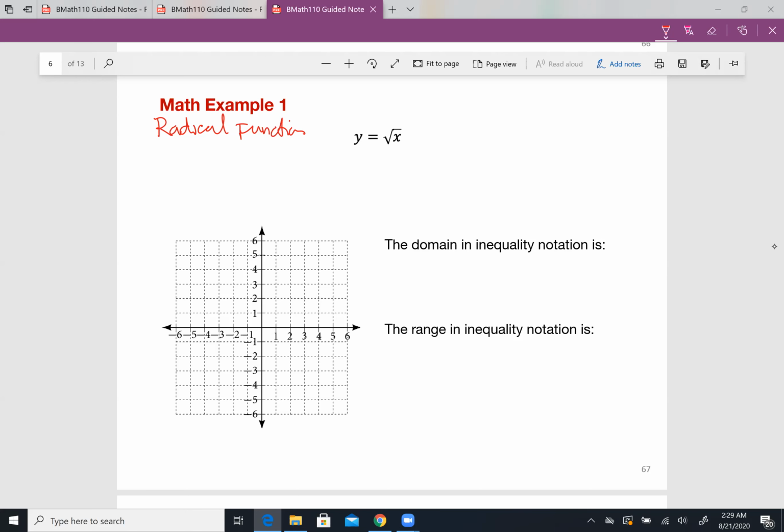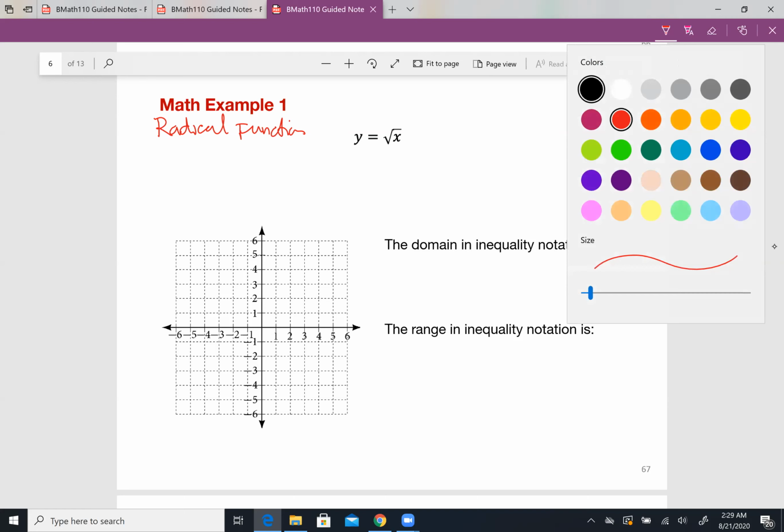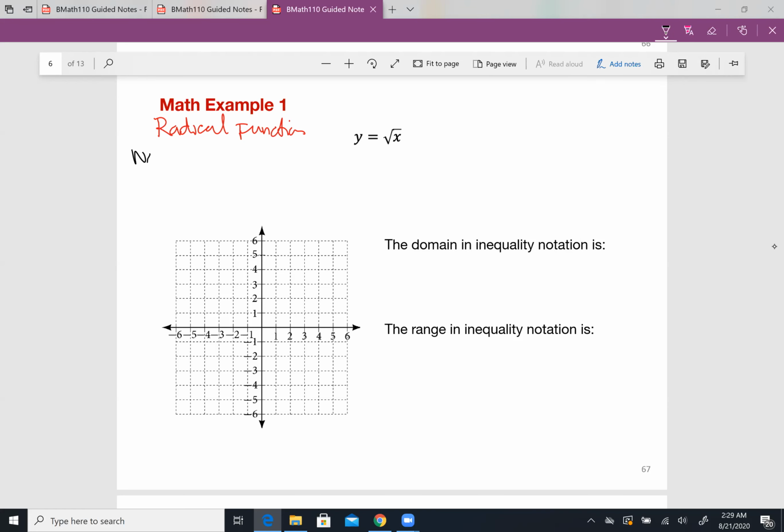And since it's a radical function, you have to know that the radicand has to be greater than or equal to 0. What is a radicand? The radicand is the term or the group inside of the root. This is called the radicand.